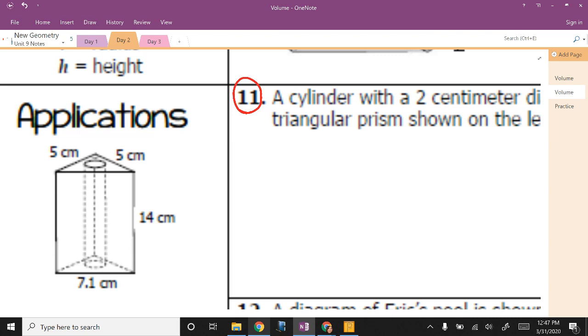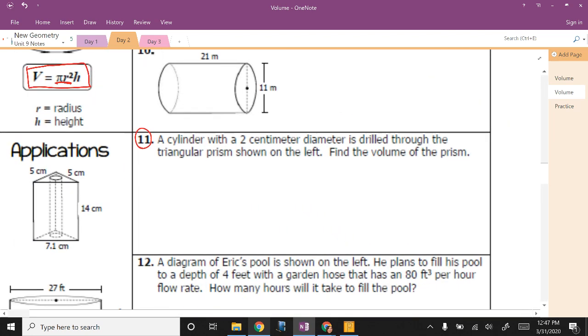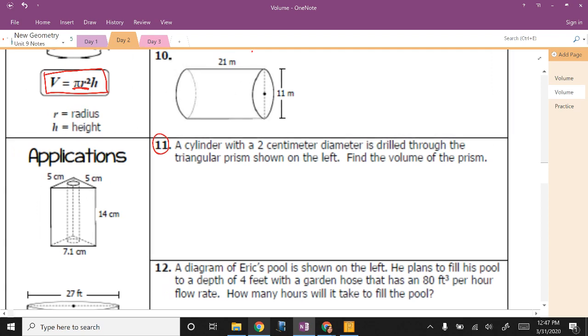So we want to find out how much this triangular prism would basically hold if that cylinder part is taken out of it. Okay. So I know it's kind of hard to think about, but just think about it like that. So a cylinder is taken through a triangular prism shown on the left. Find the volume of the prism.